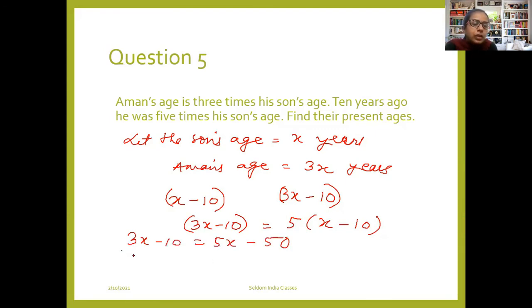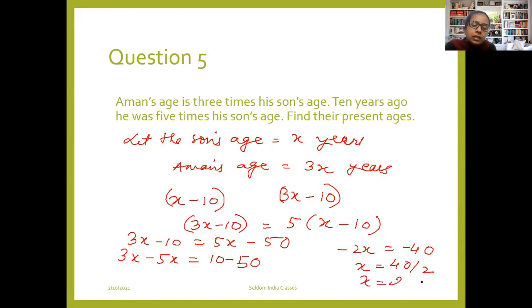Move x terms to the left hand side. 5x minus 3x equals 50 minus 10. Correct? Now 2x equals 40 and x equals 40 by 2, x equals 20 years. So the son's age is 20 years and Aman's age is 3x, that is 3 into 20, 60 years.